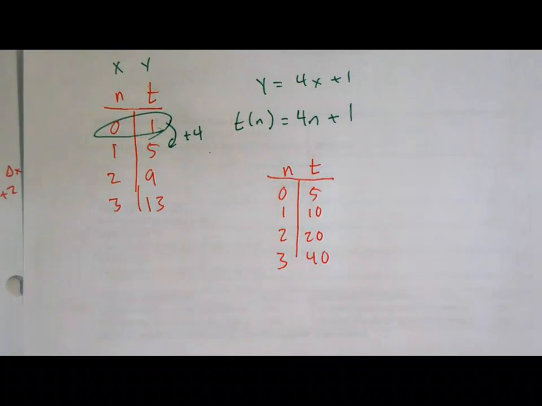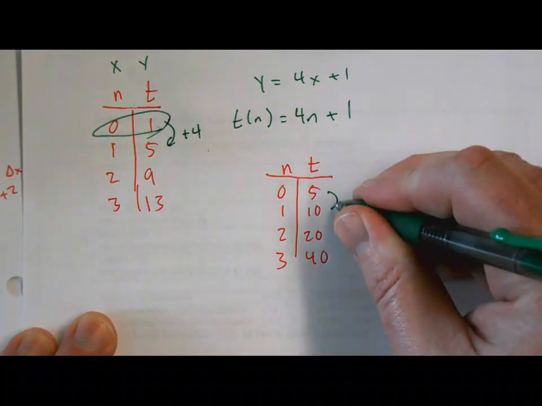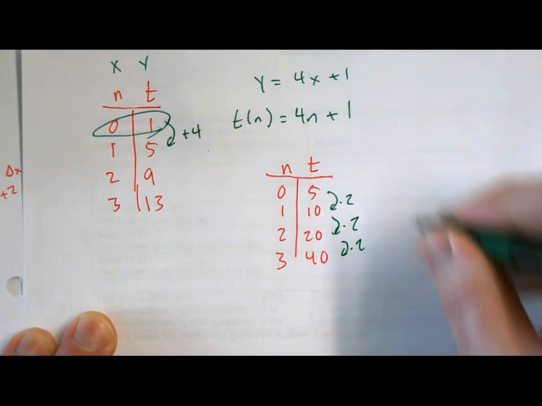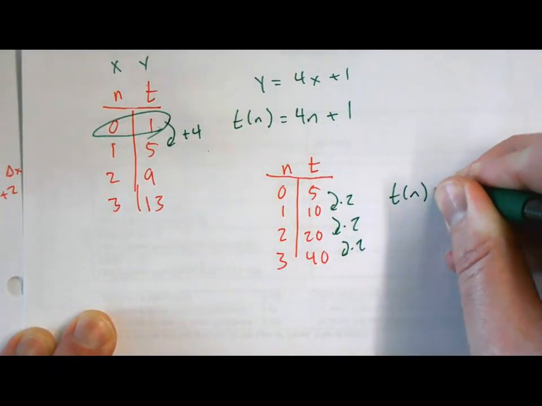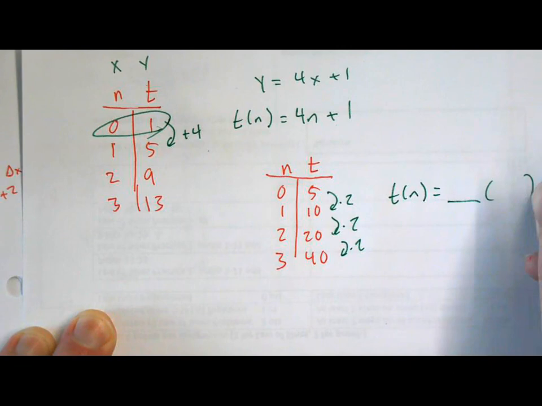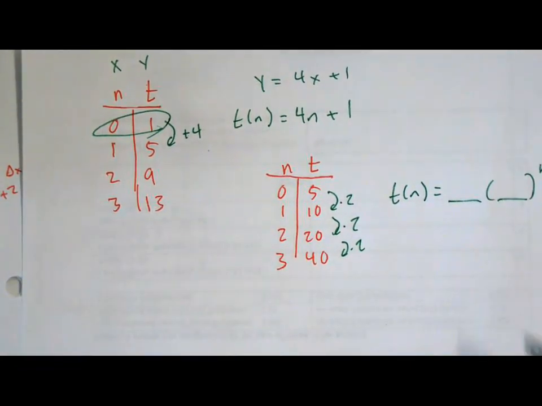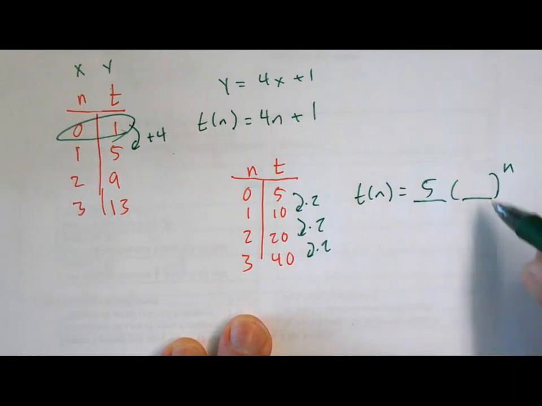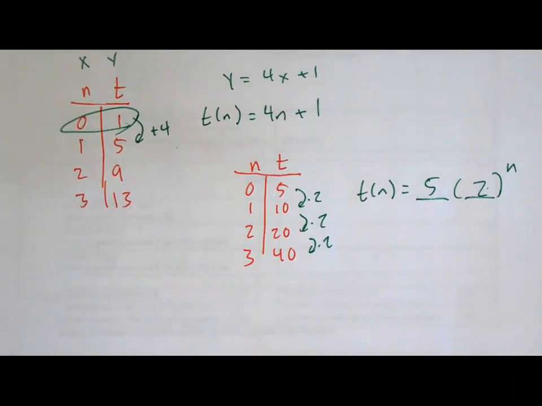Geometric, what's my multiplier? Times 2, times 2, times 2, right? So this equation would be t of n equals, this is that one where we have our 2 blanks and the n up here. What comes first? 5. And my multiplier would go in the parenthesis, and that's our 2, right? Are you guys feeling good about this? You remember doing this on our test?